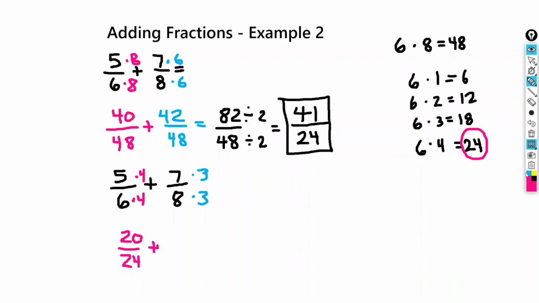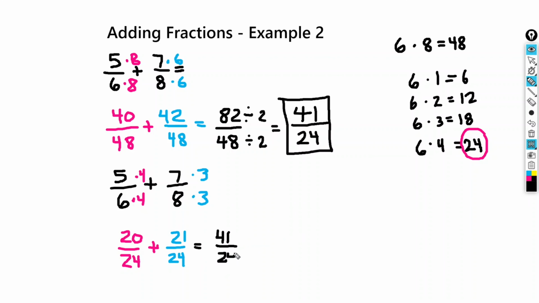Seven times 3 is 21 over 24. And if we add these up, we get 41 over 24.